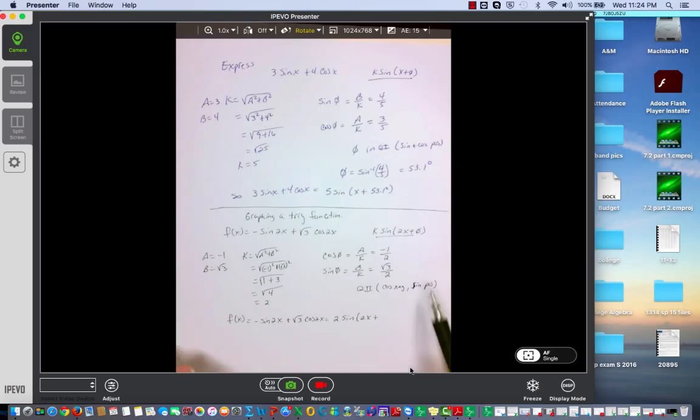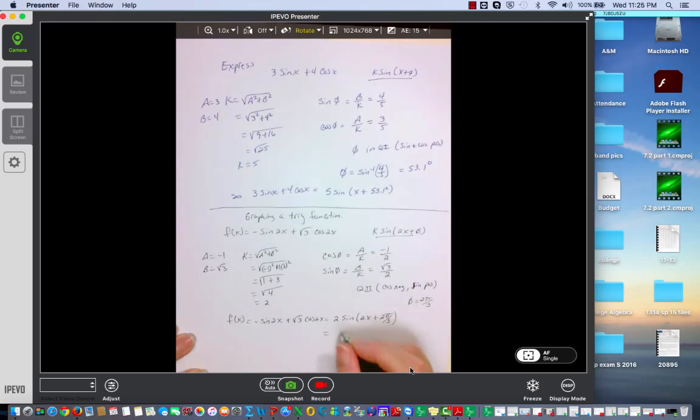If we think about the value of phi, what measurement do we get if we're looking at cosine being negative 1/2 and sine being square root of 3 over 2? What is our point there? Well, that would be 2 pi over 3. So phi is equal to 2 pi over 3 if we're looking at our unit circle.